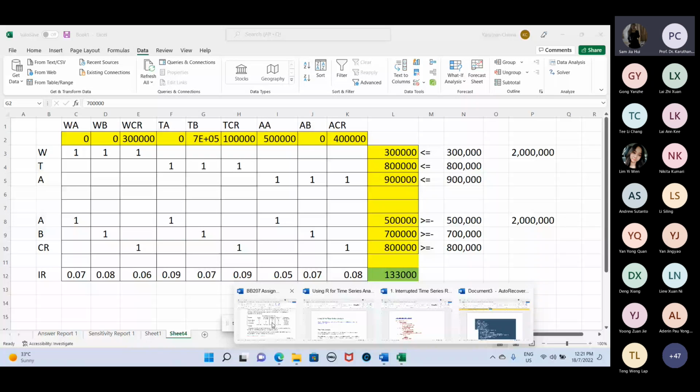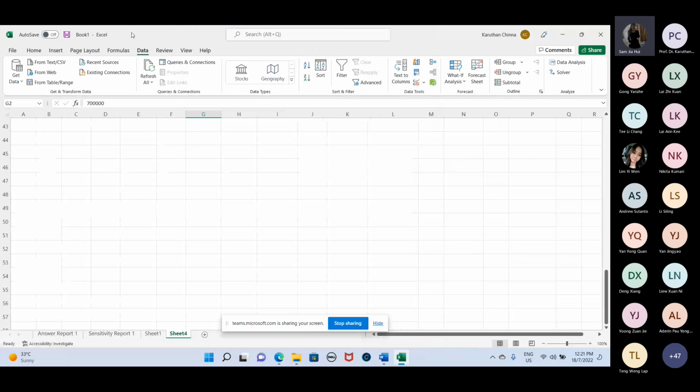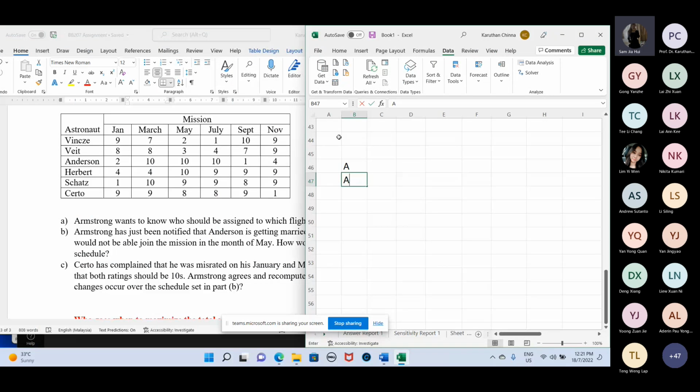How many astronauts? 6 astronauts, 6 months. Is it balanced? Okay, balanced. Okay, let me put here A, B, C, D, 4 of them. I say there are 3 locations, 1, 2, 3, 4.